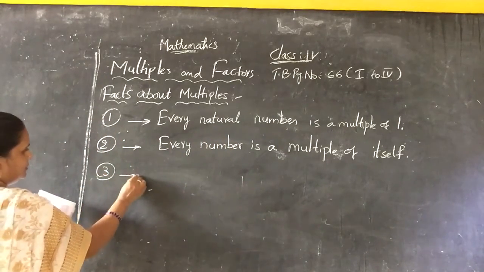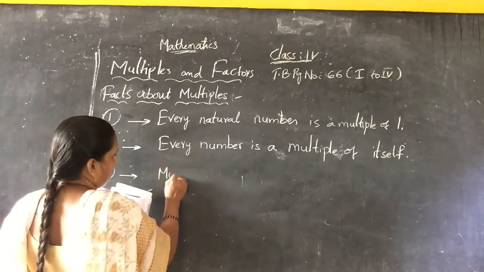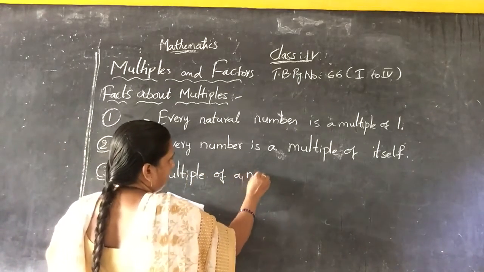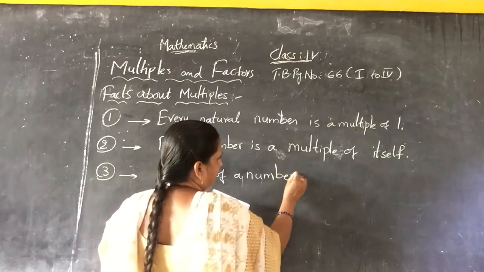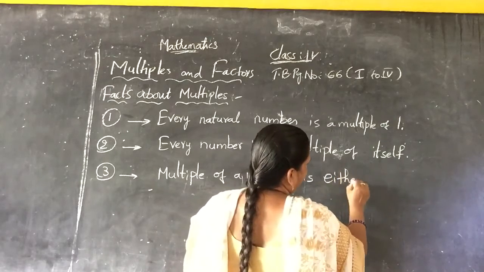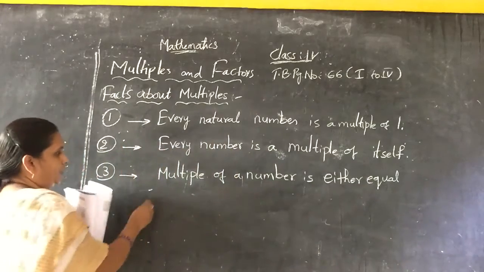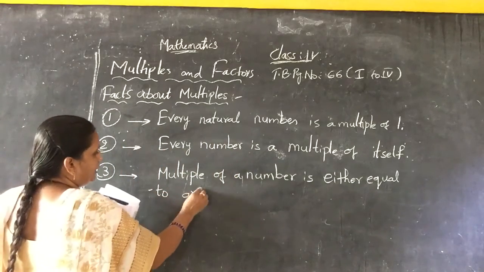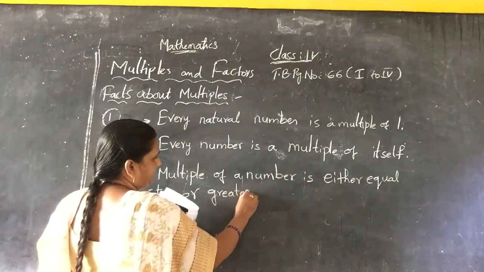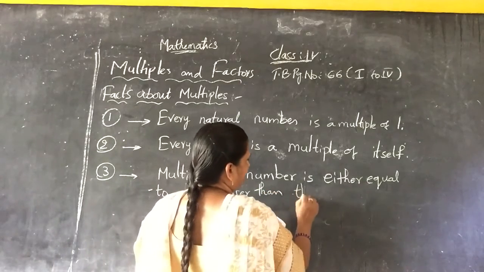And third one, a multiple of a number is either equal to or greater than the number.